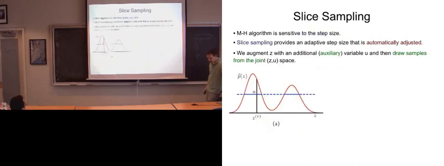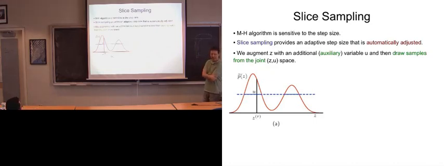So one very popular method that's been introduced not that long ago, I mean within the last 15 years, is slice sampling. Remember that Metropolis-Hastings is sensitive to the step size. It turns out that slice sampling actually provides you a way of automatically tuning adaptive step sizes.